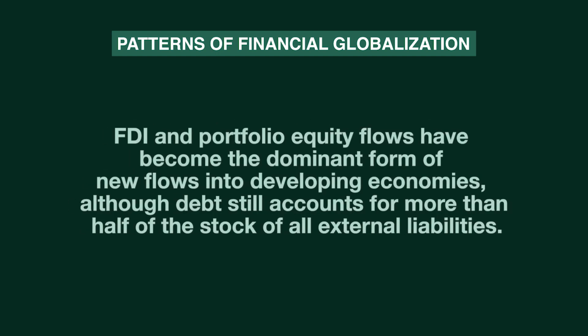If we look at FDI and portfolio equity flows, they have become the dominant form of net flows into the developing economies, although debt still accounts for more than half of the stock of all external liabilities.